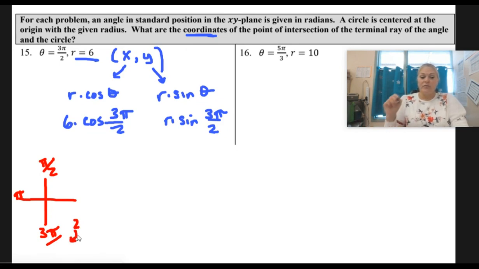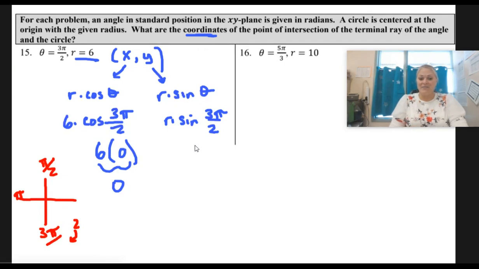Once you have this, think of cosine, because it's vertical. So we know cosine is going to be 0. So 6 times 0, meaning the cosine of 3 halves pi is 0, so that ends up as 0.